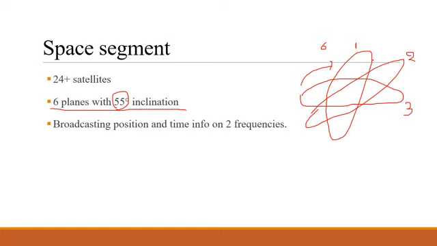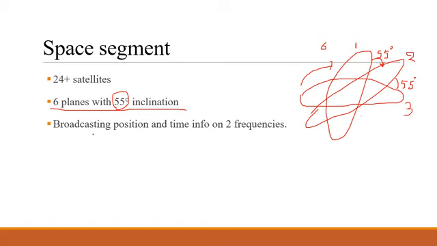The inclination, if we see this part, has some angle which is 55 degrees. The angle here will also be 55 degrees, and so on up to 6 planes. There will be 55 degrees in each plane.